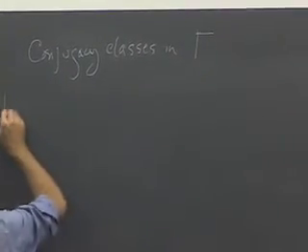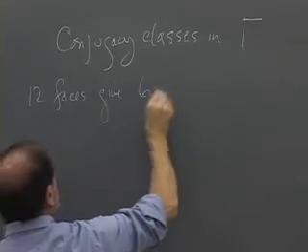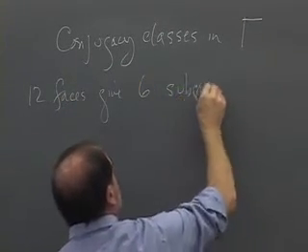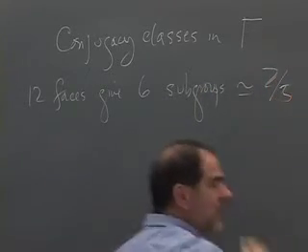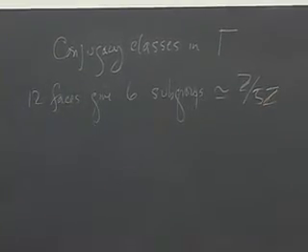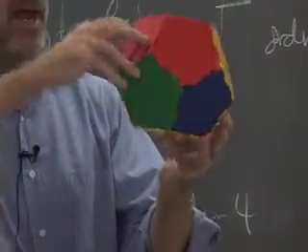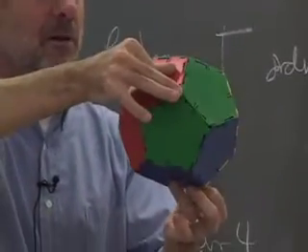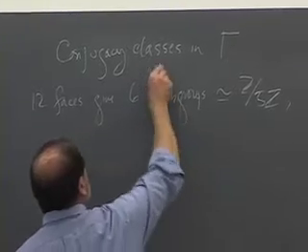So the faces give 6 subgroups isomorphic to Z mod 5. The reason is that you get the same subgroup of rotations for each pair of opposite faces. So I have 5 rotations around here, and then I have 5 rotations around here. So the 12 faces give 6 pairs of opposite faces, 6 subgroups of order 5. So the 6 different subgroups.